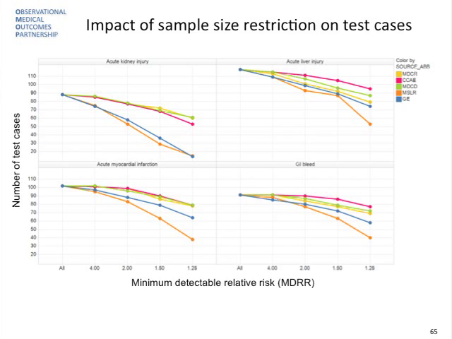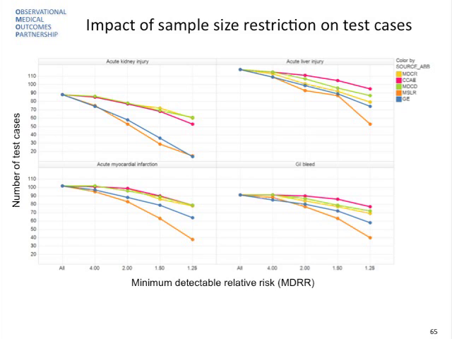And I won't belabor the point on this graph other than to say on the x-axis, I'm showing you the minimum detectable relative risk, and the colored lines are just showing you how many test cases each database could cover. So for example, for kidney injury, what we observed is the MSLR database and the GE database imposing the sample size restriction really reduced the number of test cases that we could study, so those databases wouldn't be able to be used for as many questions.